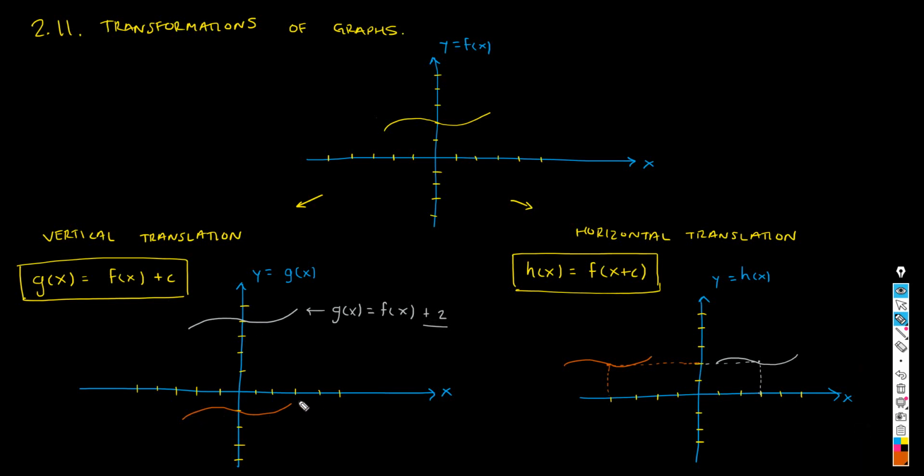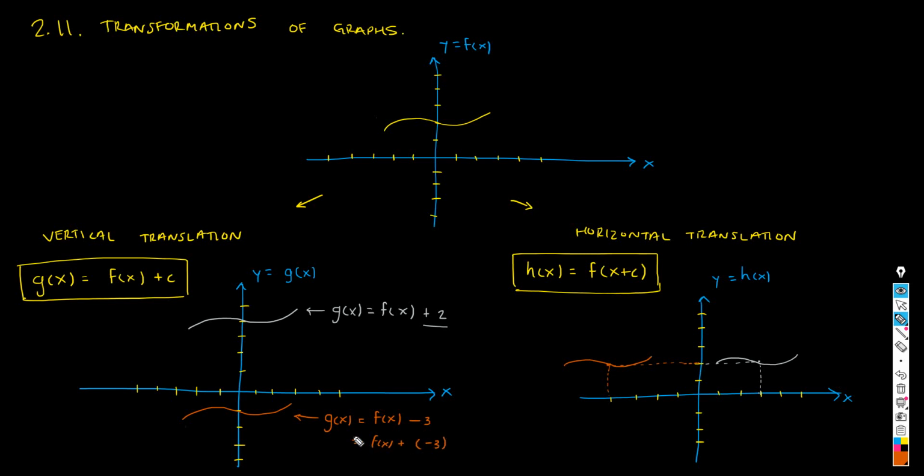On the other hand, this one would be the graph of the function g of x equals f of x plus or minus what? Can you tell? Minus 3, right? Or you can also write f of x plus minus 3.